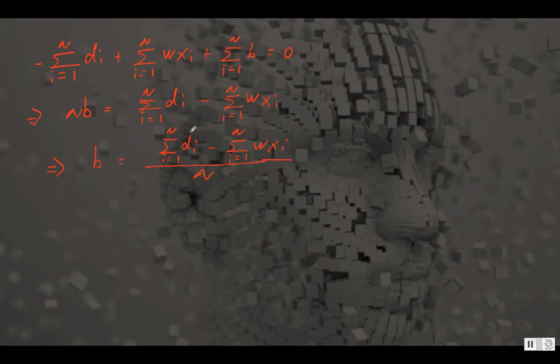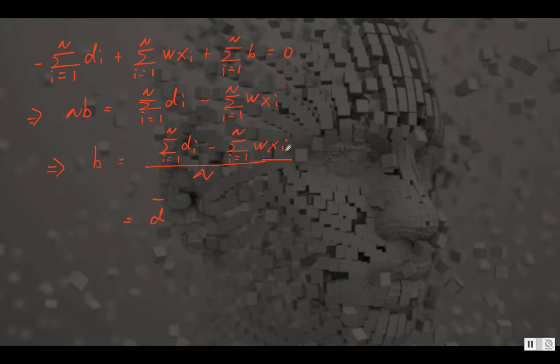So here you have n di's summed together, and then over n. That's equal to the d average value. This bar means average. And w actually is constant, you can move this outside the summation.